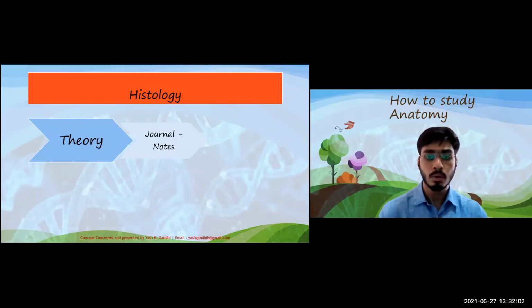What I believe is the journals are sufficient. Even in histology, the main thing is the slides: their images, identification, identification points, and the diagram of the slide. Those things are more important than the theory of histology. So for studying the theory or practical, the journal is the best thing you need to read.